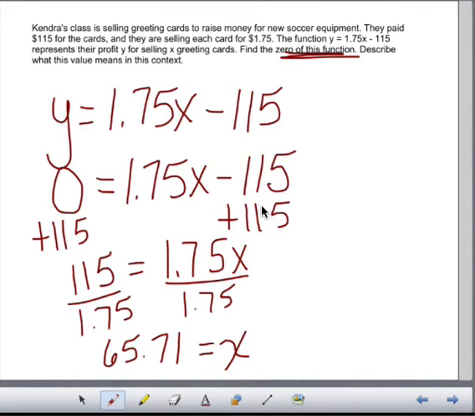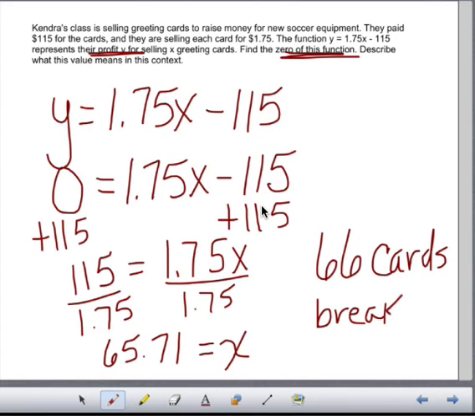If y is the profit for selling the greeting cards, and I said y is equal to 0, what does that mean? Well, they're going to have to sell about, I'm going to round that up, 66 cards to do what? Just to break even. They're not going to make any money, they're not going to lose any money, because my y is 0.